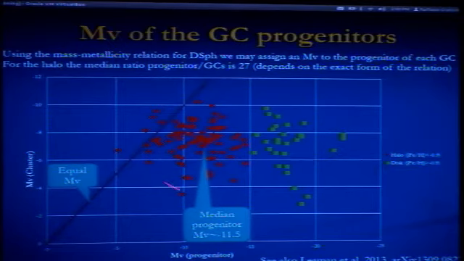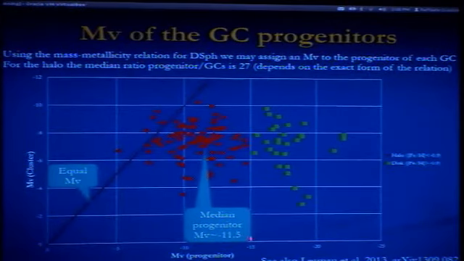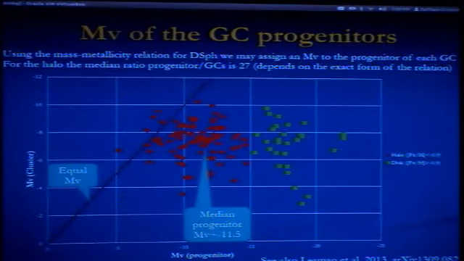And we have this kind of distribution. And we end up with the conclusion that the typical median progenitor of a globular cluster is some object that can have an absolute magnitude of minus 11, minus 11.5.